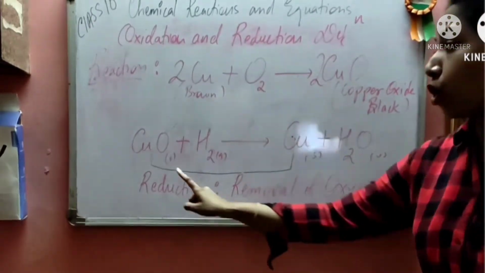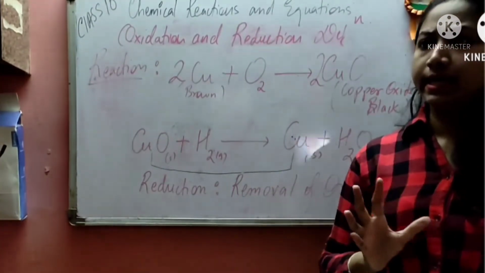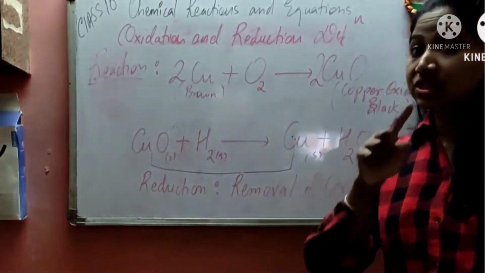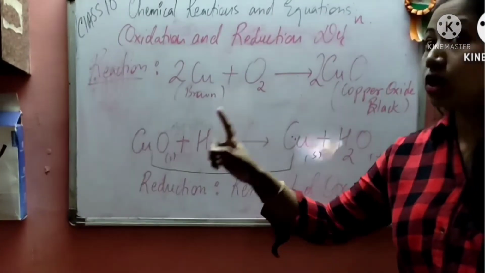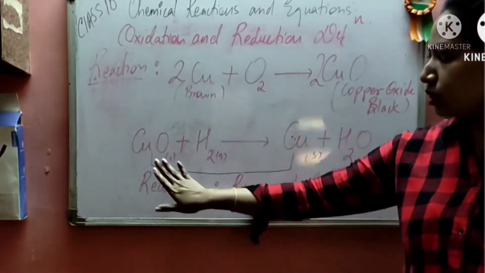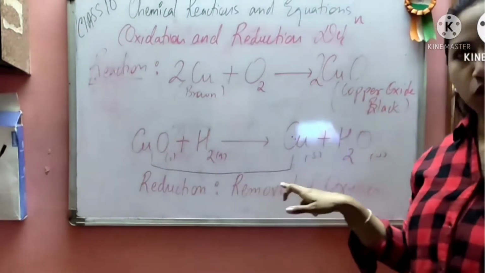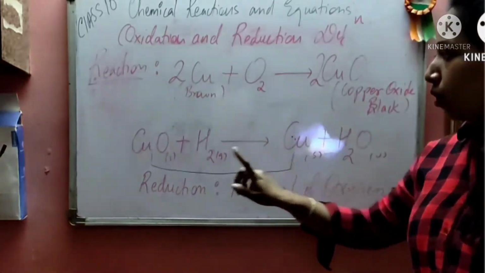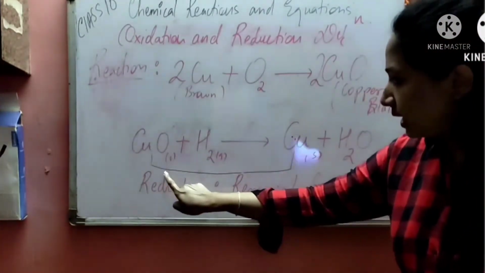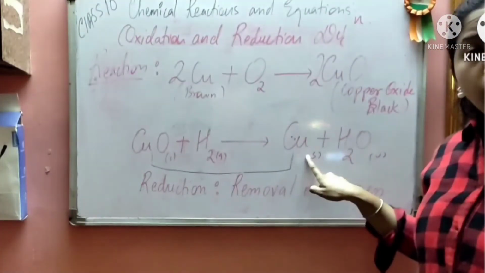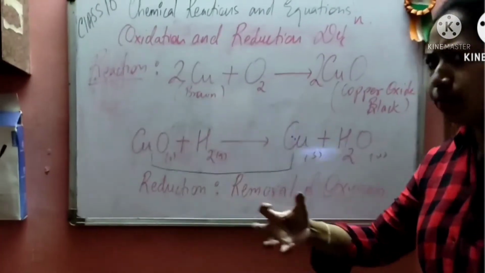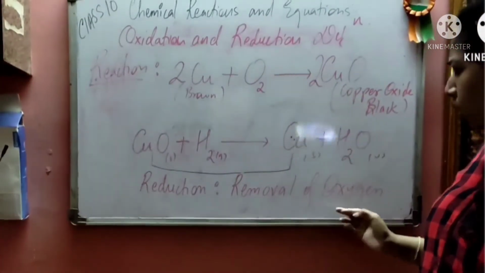See in the reaction, copper oxide. I said copper is losing oxygen, it's wrong. You should always write copper oxide, because copper is not losing oxygen. Copper oxide is losing oxygen and you're getting copper. So copper oxide is losing oxygen and forming copper. That means removal of oxygen.